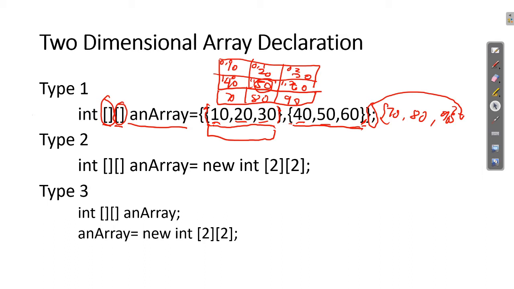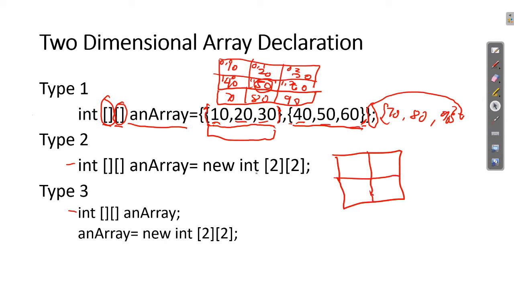Now, type 2 and type 3, again, they are the same. So, anong ginagawa nila? This one is a 2-liner and then this one is a 1-liner code. Both of them are declaring an array. Dinedeclare lang natin sila but wala silang laman pa currently.